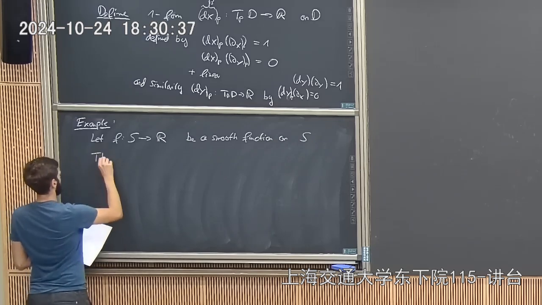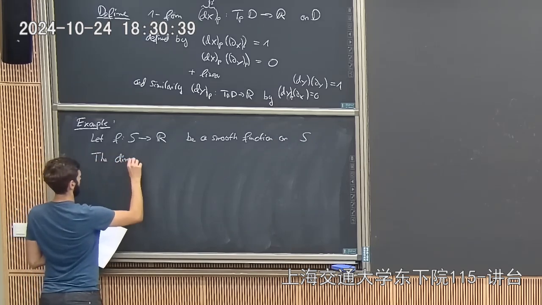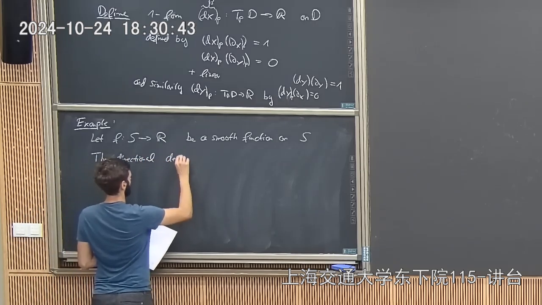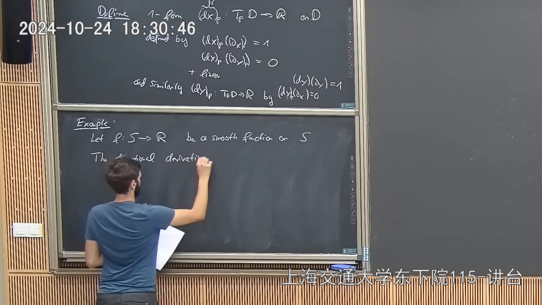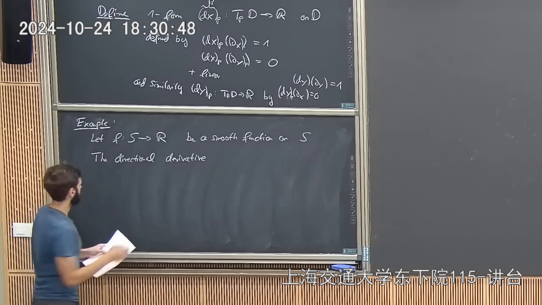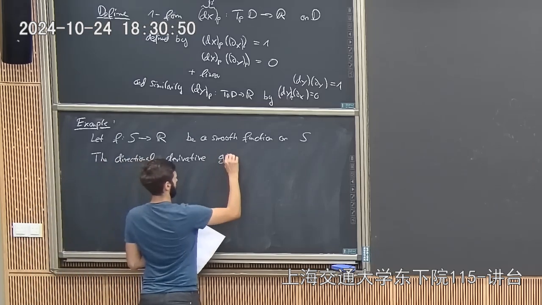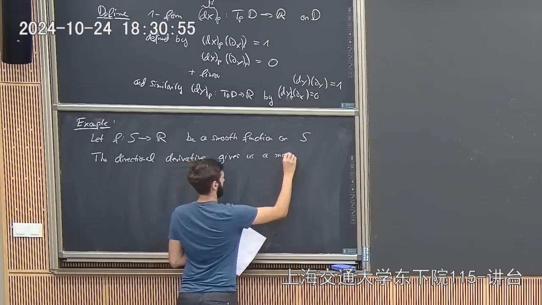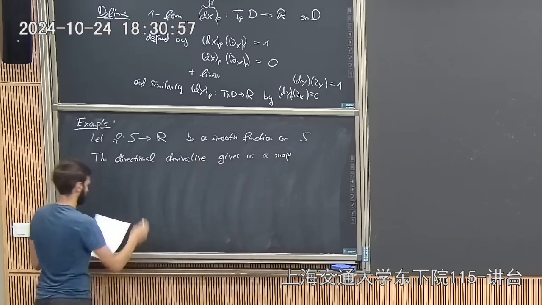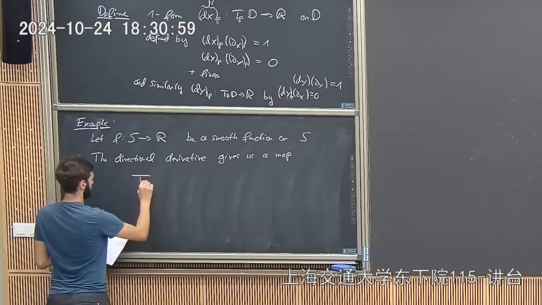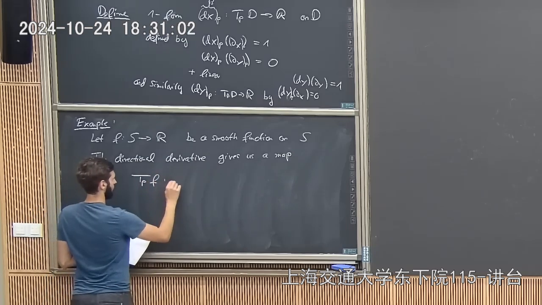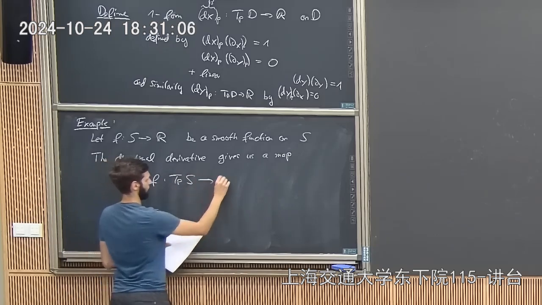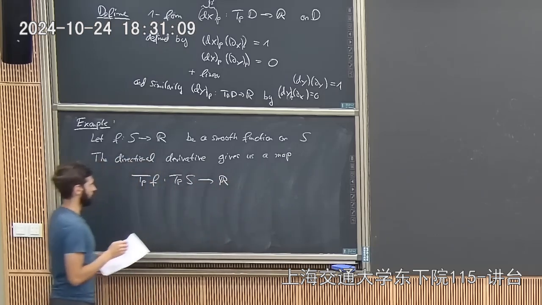We saw last time that the directional derivative gives us a map which was denoted by T_P of f, which was a map that eats a tangent vector and gives us a number.